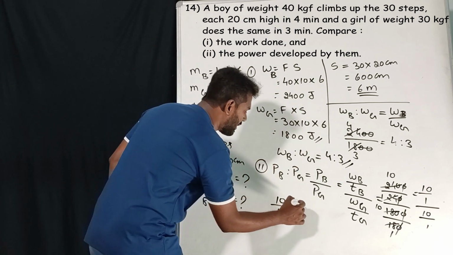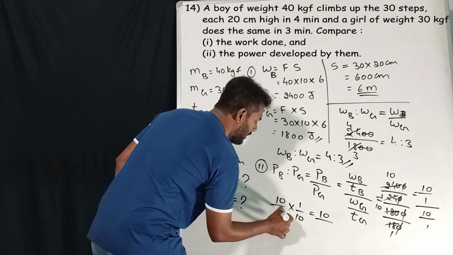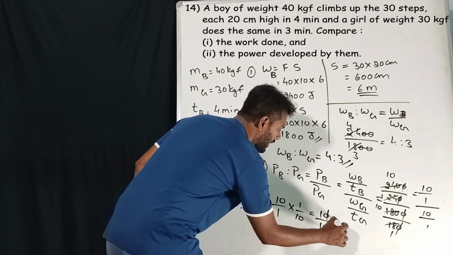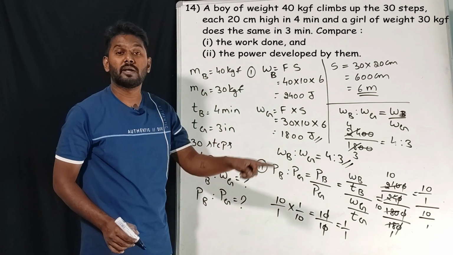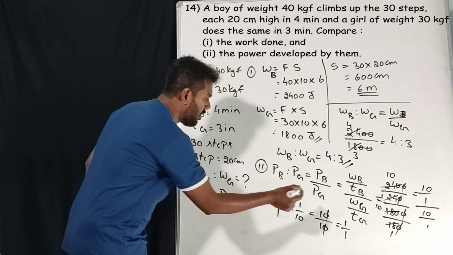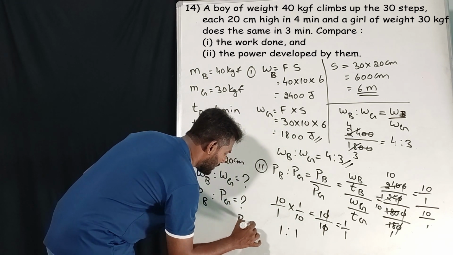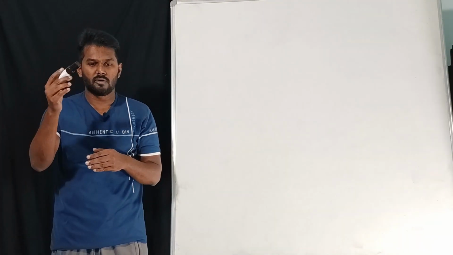So 10 by 1 will become 1 by 10. So 10 into 1, 10, divided by 10 into 1, 10. So both the values are same. 0 and 0 get cancelled, 1 by 1. So power spent by the boy and power spent by the girl is same. So 1 by 1 is nothing but 1 is to 1. That is power spent by the boy and power spent by the girl. That's it. Question number 15.